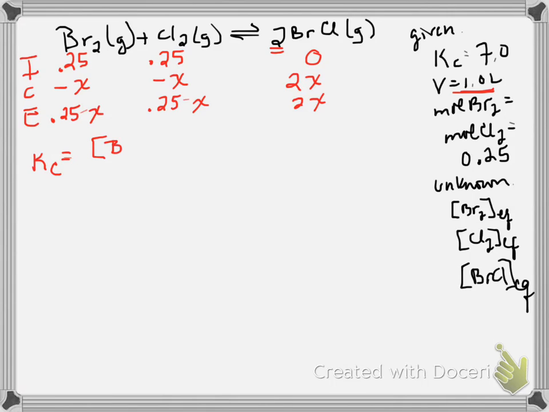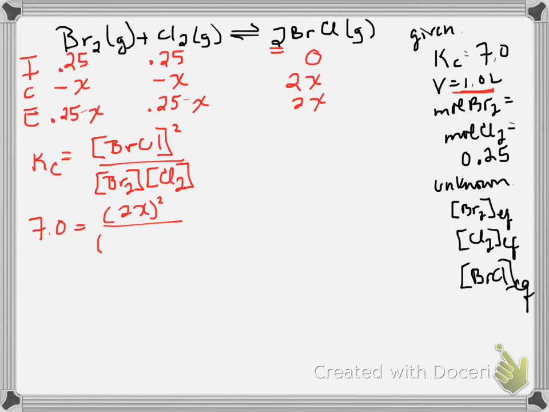All right, so what is my expression for my Kc? Well, it's BrCl concentration squared over the concentration of bromine times the concentration of the chlorine. I'm going to plug in my value. 7.0 is equal to 2x squared over 0.25 minus x times 0.25 minus x.